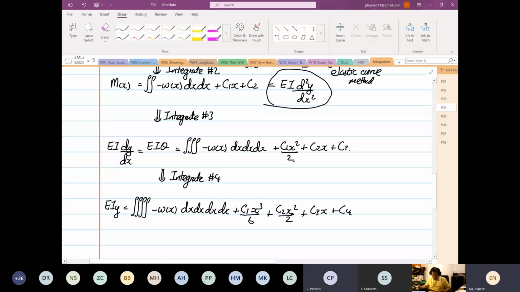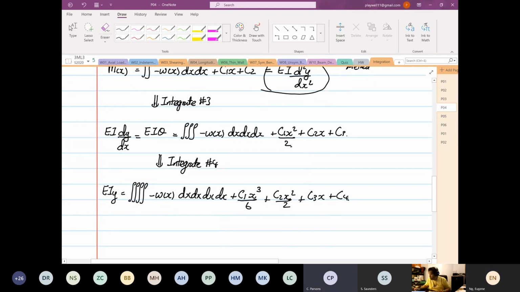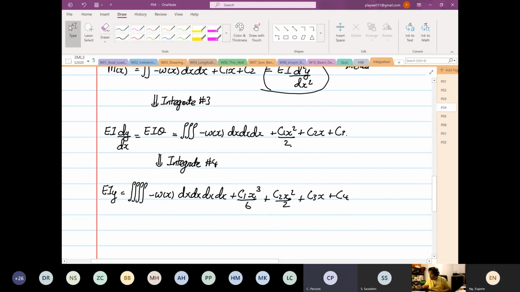Eugene, that should be 3 where the c1 x cubed over 6? Yeah, it's 3. The formula is n plus 1 on the denominator. It's okay, it's still correct, right? The c1 is divided by 6, it's 3 times 2.